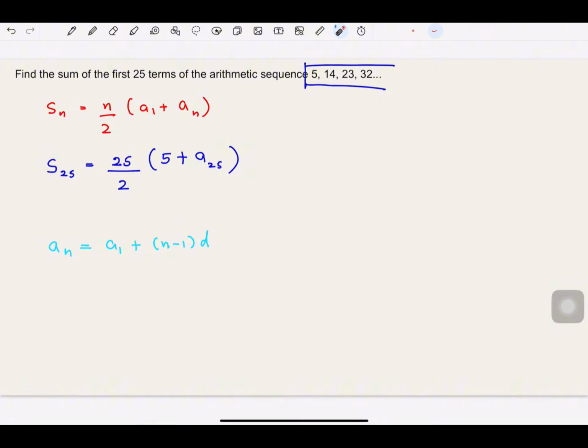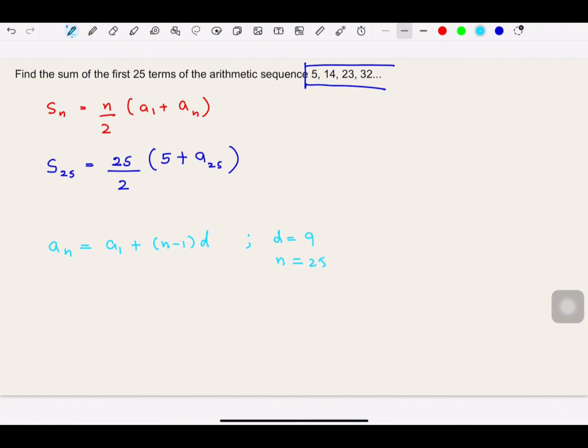If you look at this arithmetic sequence, you can see that the difference between each term is 9. So if you add 9 to 5, you'll get 14. 14 plus 9 is 23. 23 plus 9 is 32. Likewise, it goes on. So in this example, the common difference is 9 and n is 25.